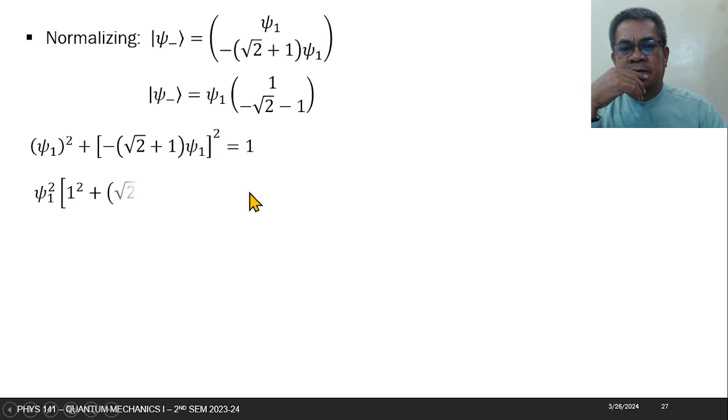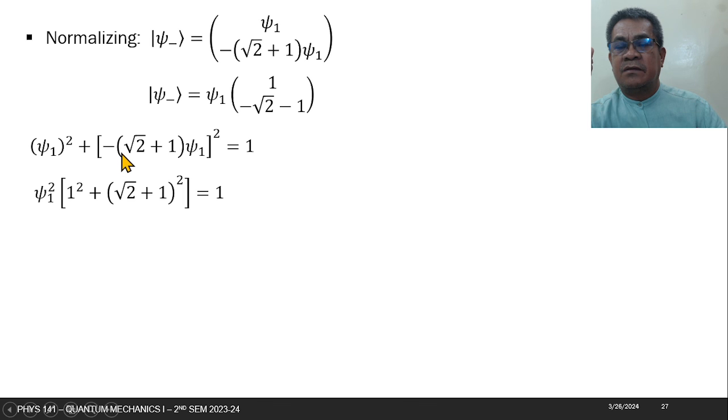Then combine. This is squared, so the term should be squared. Then this is a binomial, no? If you square this it becomes plus, so this is plus. Then again we can square this binomial, then we have this result.